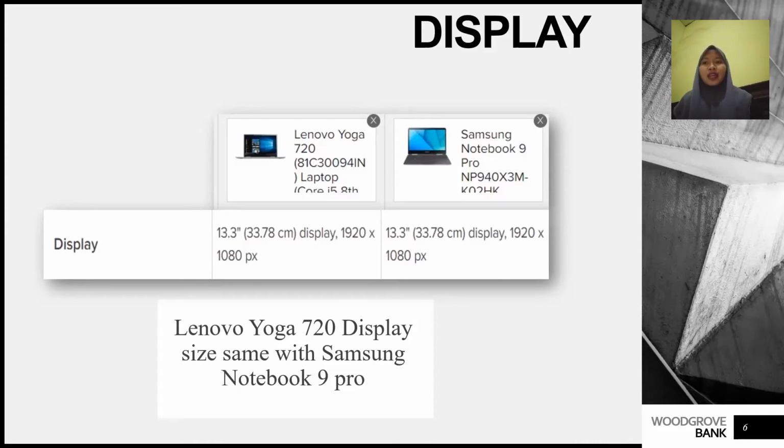Specification of display: Lenovo Yoga 720 display is 13.3 inch, 1920 multiplication 1080, and Samsung Notebook 9 Pro display is 13.3 inch, 1920 multiplication 1080. Lenovo Yoga 720 display size is the same as Samsung Notebook 9 Pro.